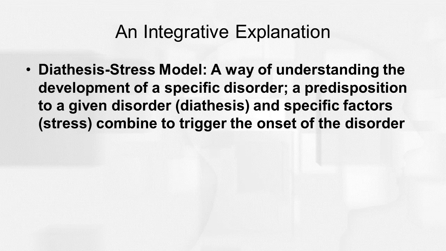trigger that depression. A really great example of this is one of the things that we know is a lot of mental health issues emerge in late adolescence, early adulthood. And what we believe is happening is that certain individuals might be genetically predisposed. They have a diathesis to a certain mental health issue.